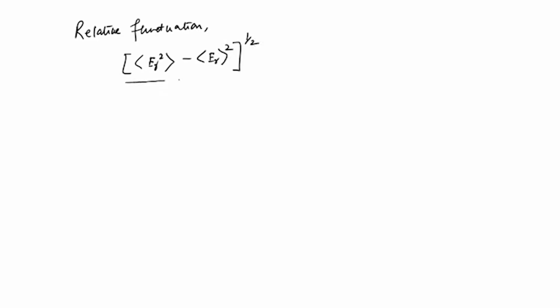So, if we want to calculate the relative fluctuation, then we calculate the square root of E_R square average minus E_R average square, divided by E_R. This is nothing but the square root of N kT square C_V, divided by N u.